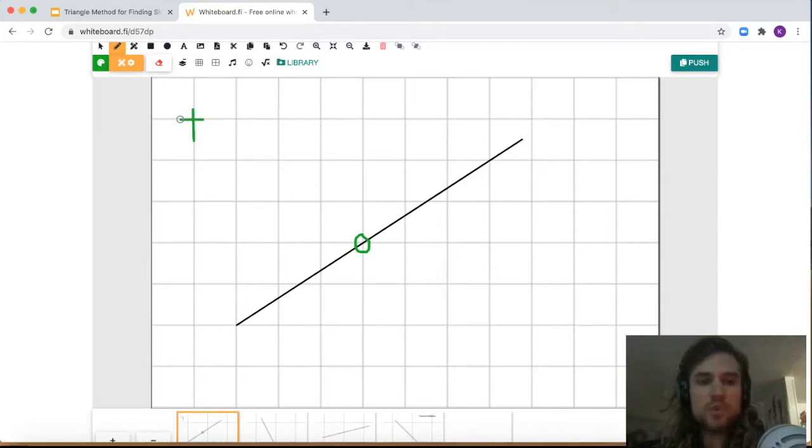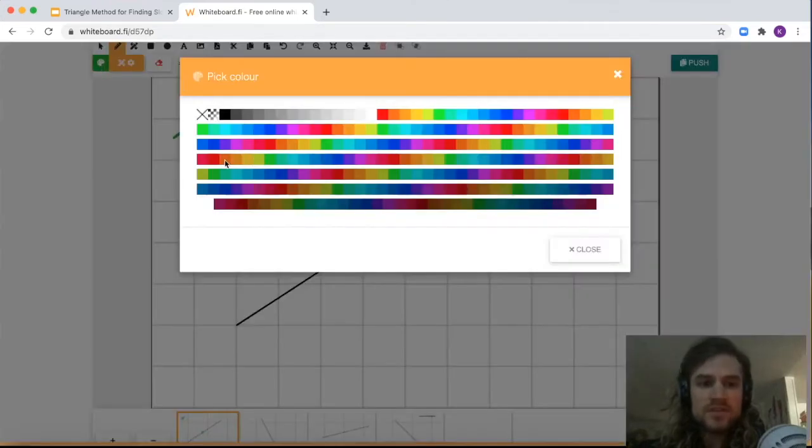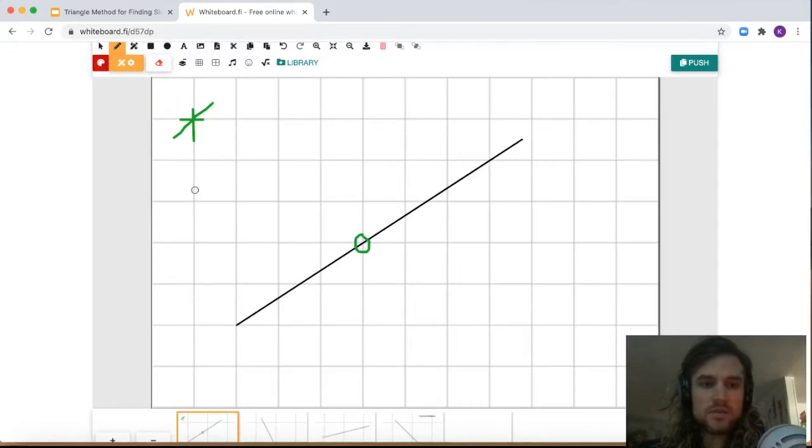We want to choose a point where the grid intersection also includes a line intersection. So this is good. We want something like this. Something like this right here, where the line is going through, is not so good. That's why we put it in red, because the red line is not going through a grid intersection.